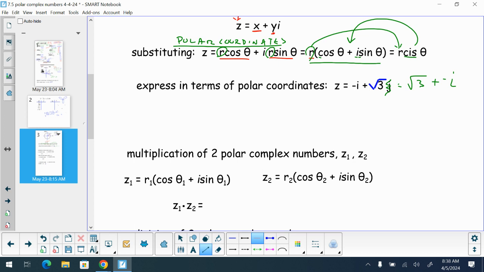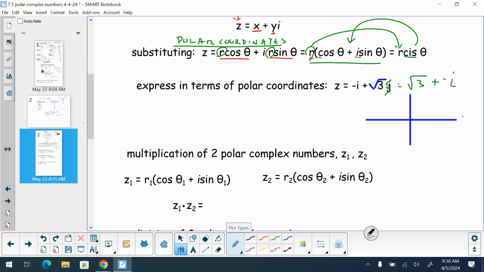let's take a look at what this looks like. We have our imaginary axis and our real axis. We go out square root of 3 on the real axis.